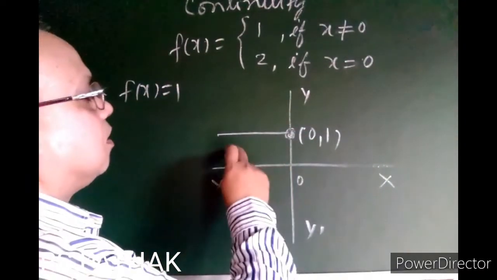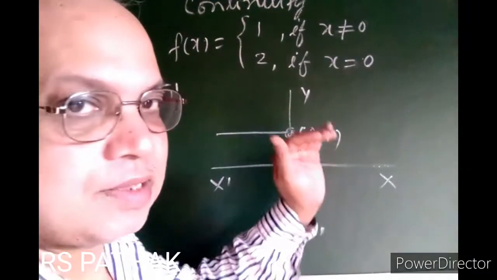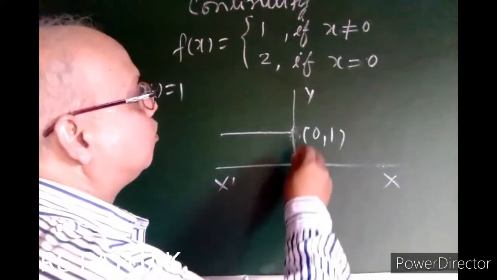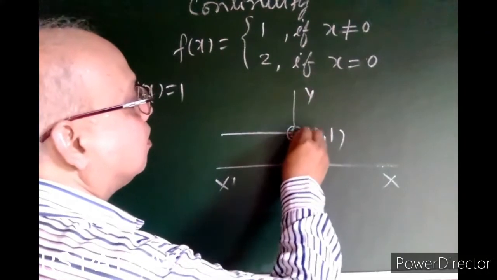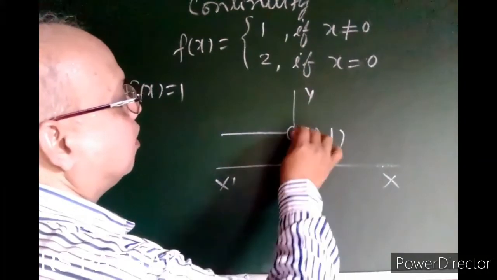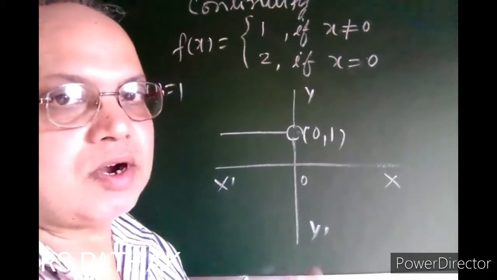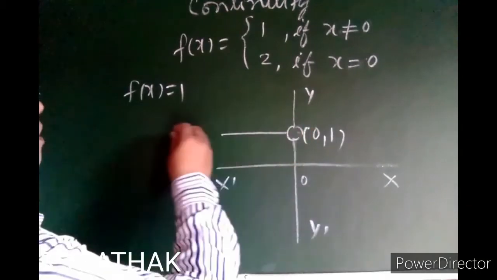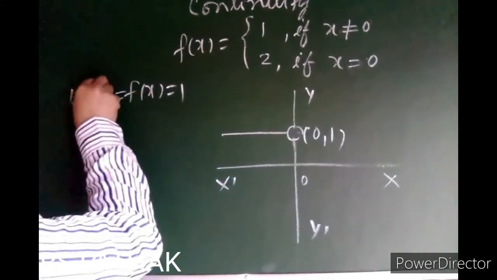Here x is less than 0, meaning the negative side. Here 0 will not be included, because it is less than, not equal to 0. It will be the negative side, and this is called the left hand limit.